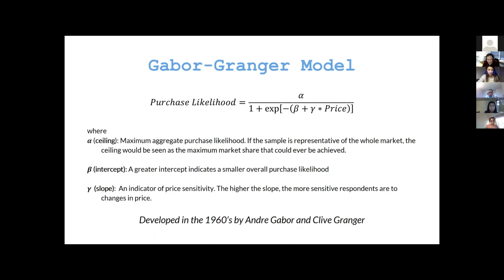It's just estimated from the model, but an interpretation of the intercept is that the greater the intercept is, the smaller the overall purchase likelihood is for the product. And then the slope, gamma, also estimated from the data, is an indicator of how price sensitive the people are. The higher gamma is, which is the Greek letter gamma, the higher the slope, the more sensitive people are to changes in price. And so it has a relationship with price elasticity.